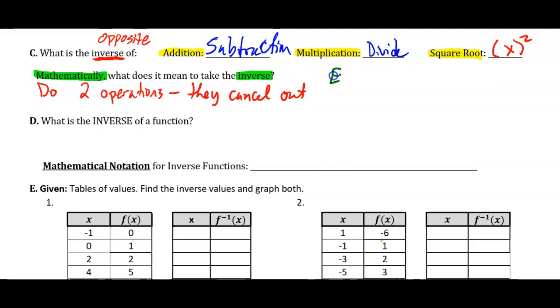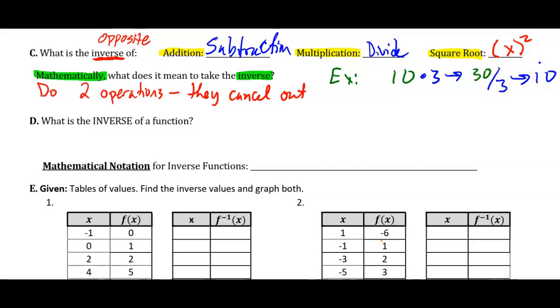So for example, if I pick a number, 10, and I choose to multiply that number by 3, I then get 30. If I then decide to divide that number by 3, I end up with the number 10.